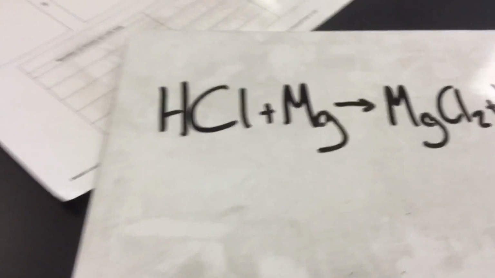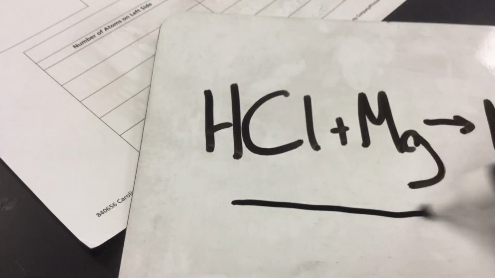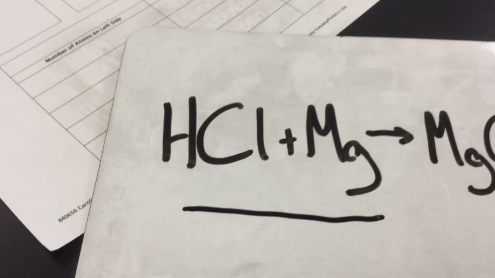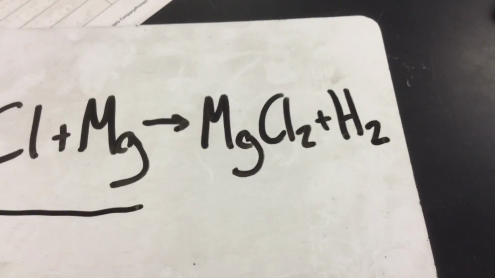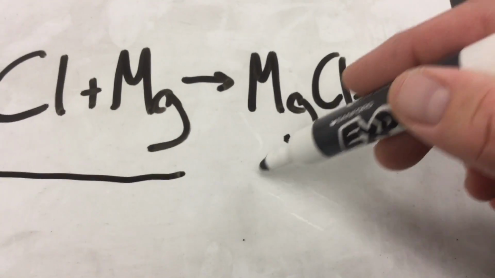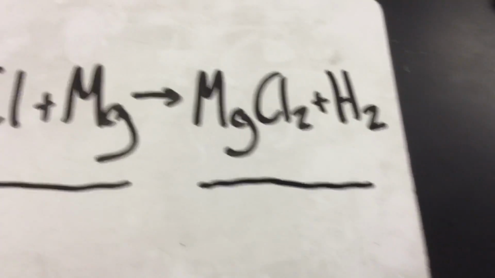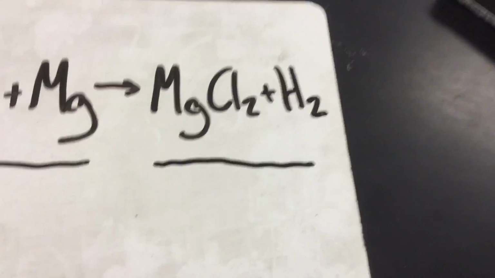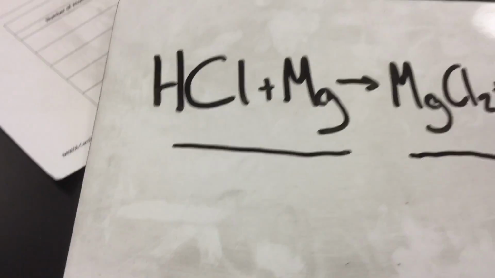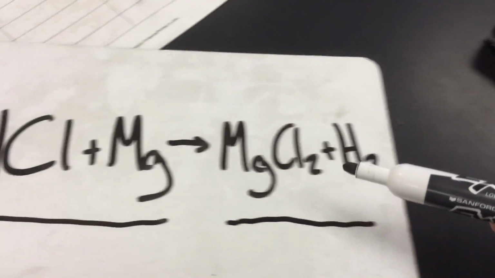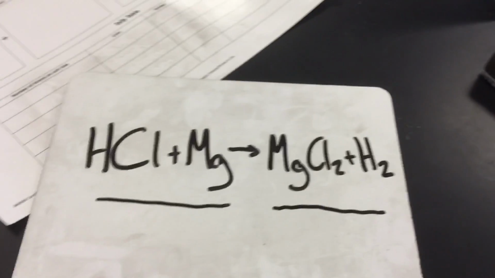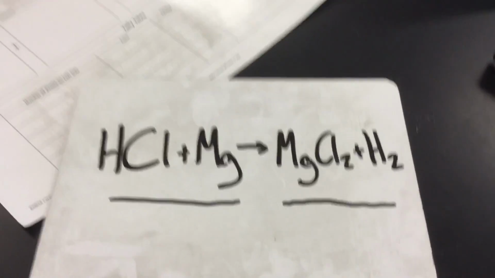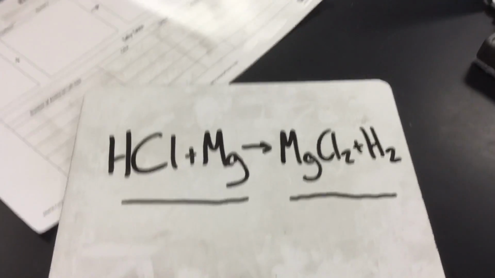The things on the left, we call the reactants. They react. The things on the right, we call products. They're what are produced during the reaction. So reactants, products. A chemical reaction represented as a chemical equation.